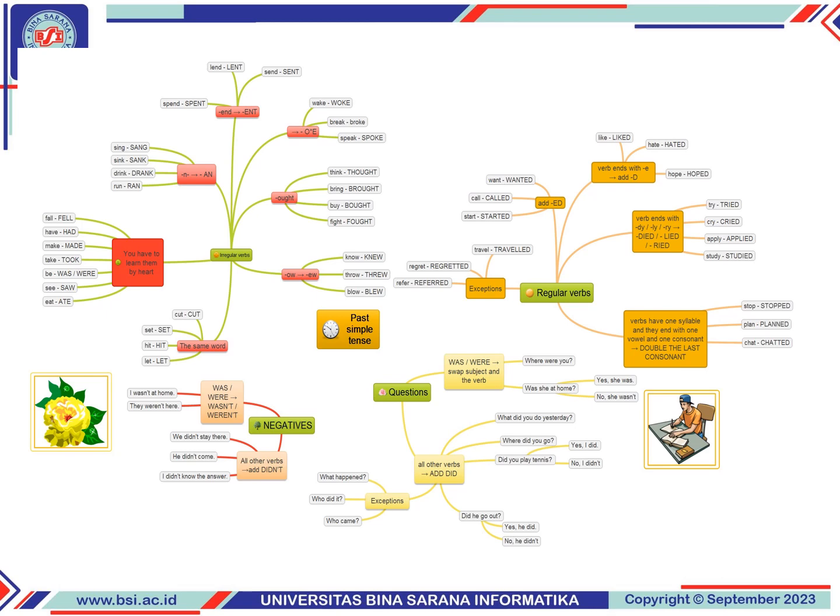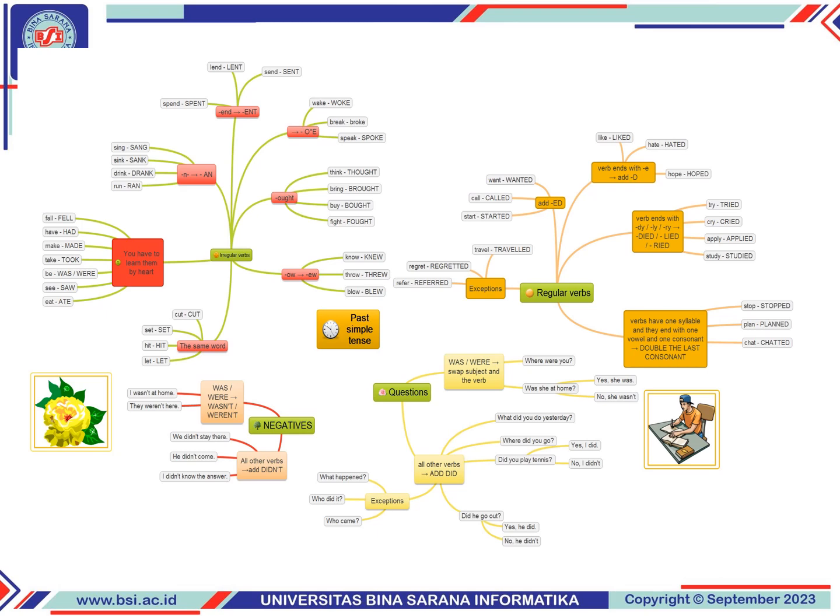And also there are verbs that have only one syllable and end in one vowel and one consonant, it will be doubled. Like chat will be chatted, plan will be planned, stop will be stopped.